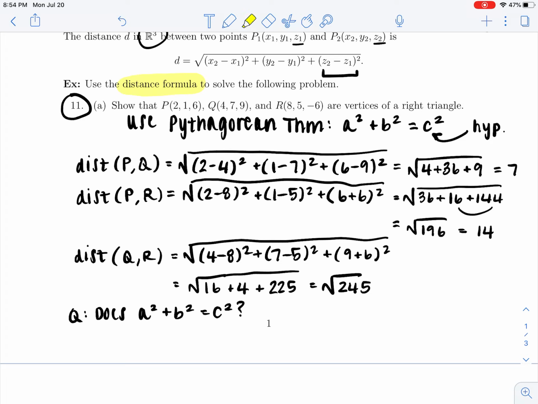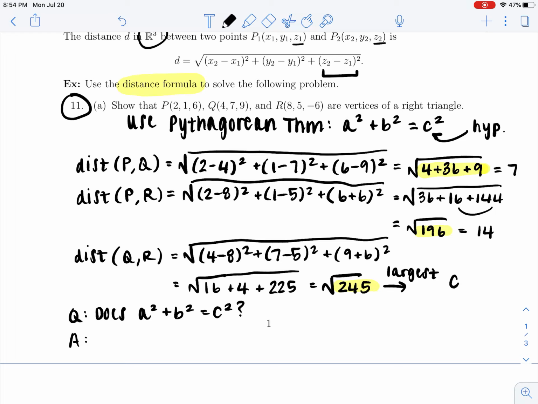The hypotenuse is always the longest side of a right triangle. So for one of our lengths, we had the square root of 49. Another length, we had the square root of 196. And for the third, we had the square root of 245. This is the largest length, and so it's going to represent C, the length of the hypotenuse.